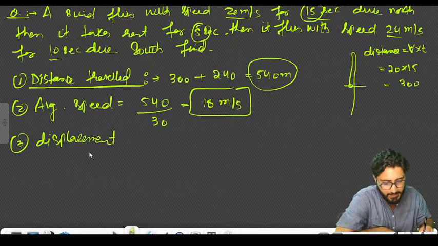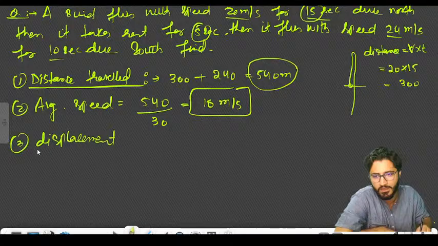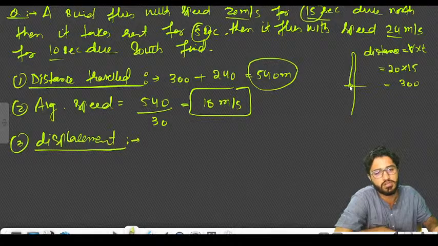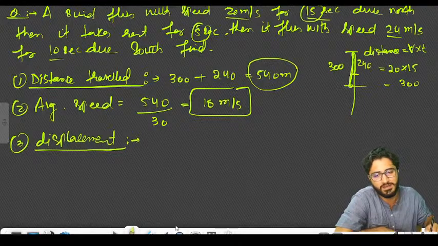What is displacement? Okay. Look now. A particle goes towards the right. It goes 300 meter upwards. Then came back how much? 240. It came back 240. What is displacement?